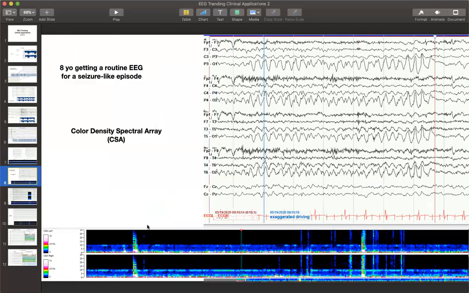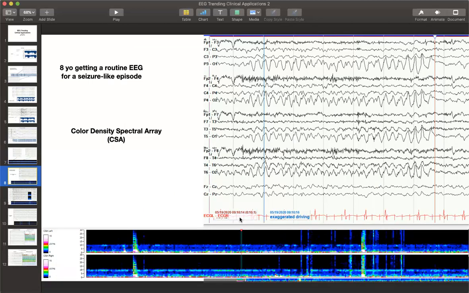All right, so this was a CSA on a routine EEG, and we don't use it that much on the short EEGs just because it doesn't take that long to go through the raw data, but it does provide some interesting insights. So this was a child, an 8-year-old, getting a routine EEG for a first seizure-like episode. I just posted this screenshot here.